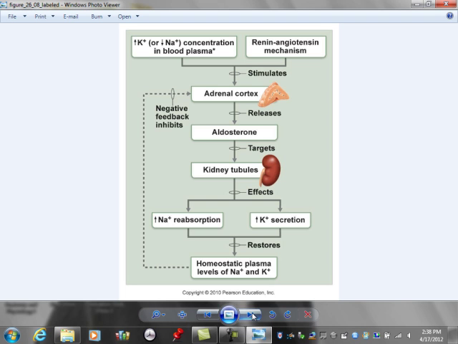General definition. Regulating sodium imbalances and some of the mechanisms of and consequences of some of the different hormones that are going to help with that. Aldosterone, for example, is going to help sodium, potassium, ion balance. And again, when I balance my ions, what else am I going to balance?